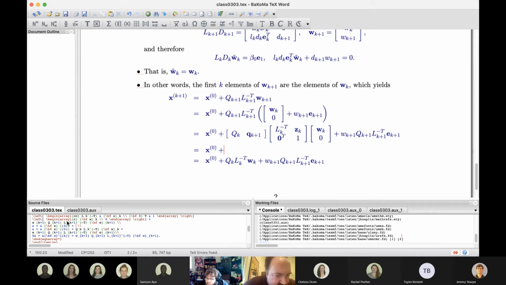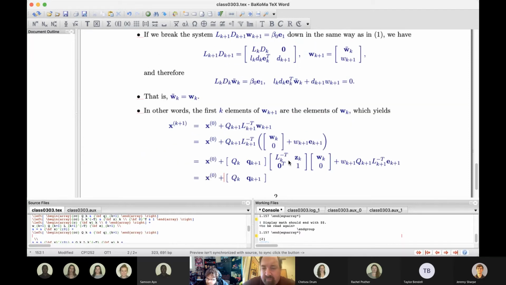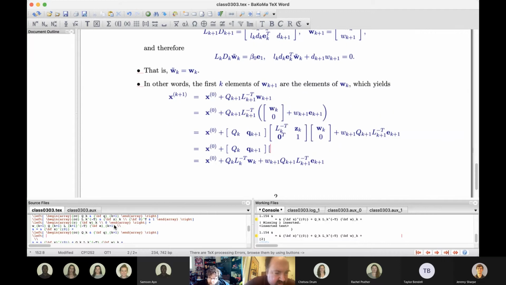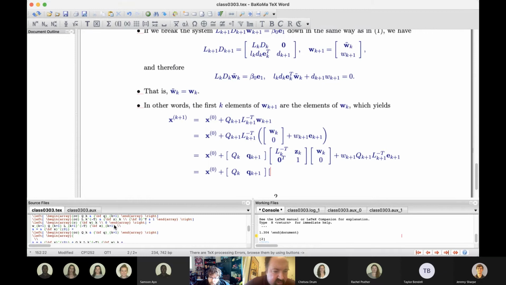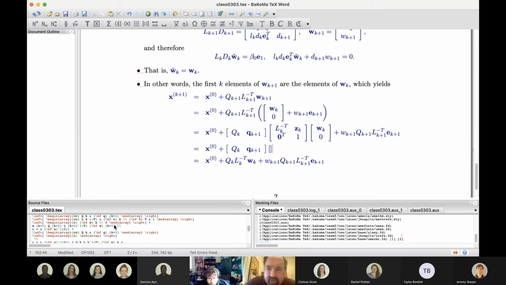So first thing I'll do is, okay, I'll leave the Q part alone for now. And then I want to carry out the matrix vector multiplication here. Okay, so I'll do that in a second. And then this last term, I'll just copy as is. Okay, so now I just need to fill in this part.